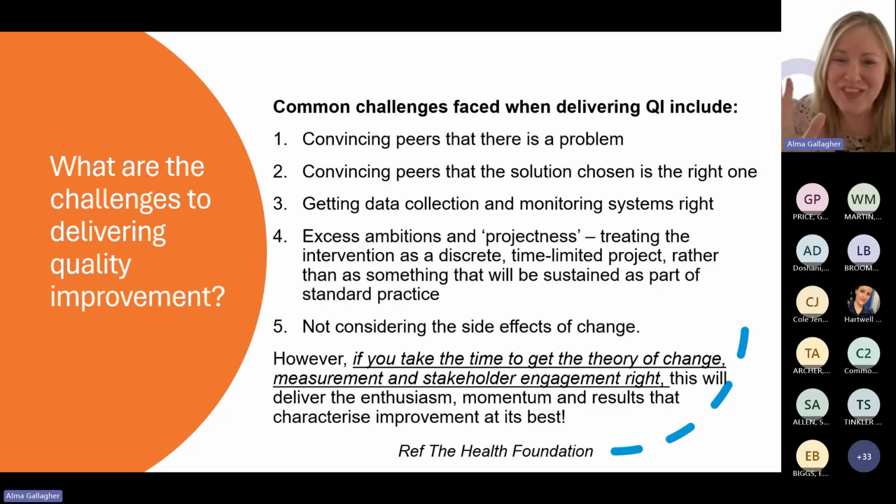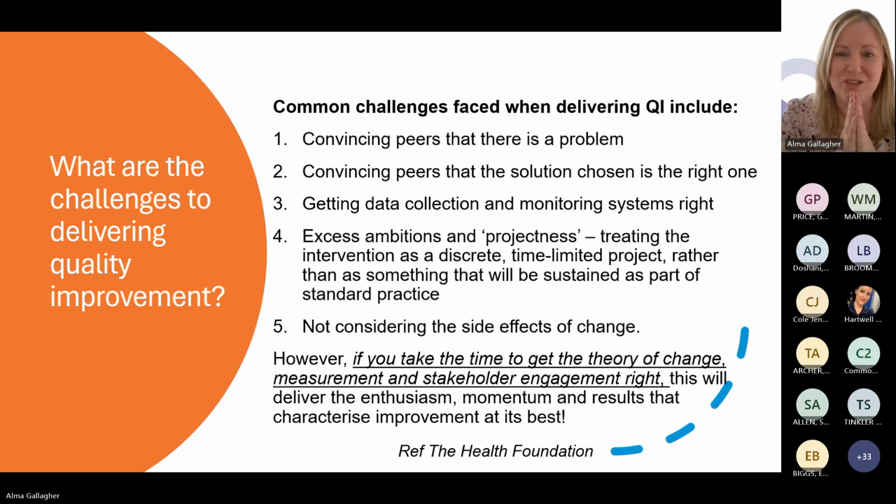So if you get all of that right, and we can take the time to get that right, to get the theory of your change, your measurement and your stakeholder engagement right, actually that will really support you in delivering the enthusiasm, the momentum and the results that characterize improvement at its best.